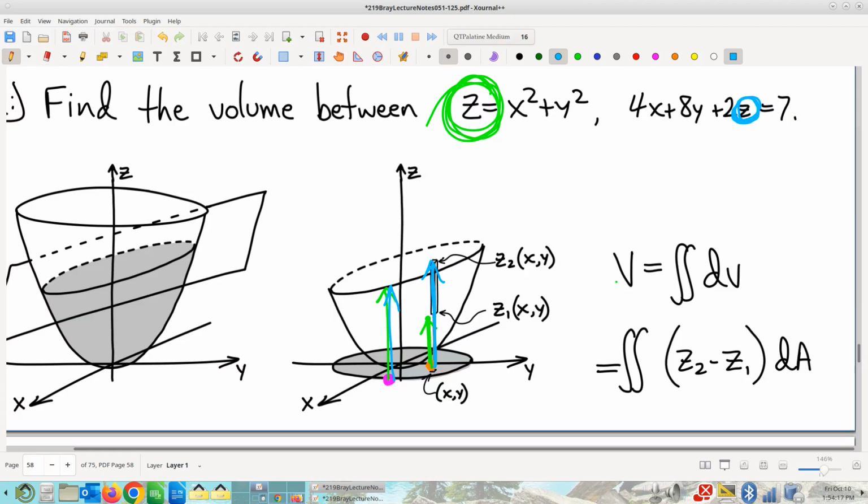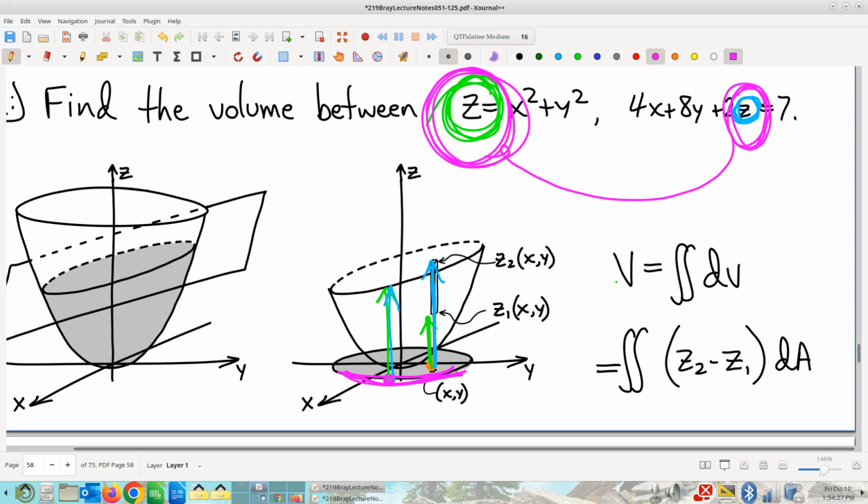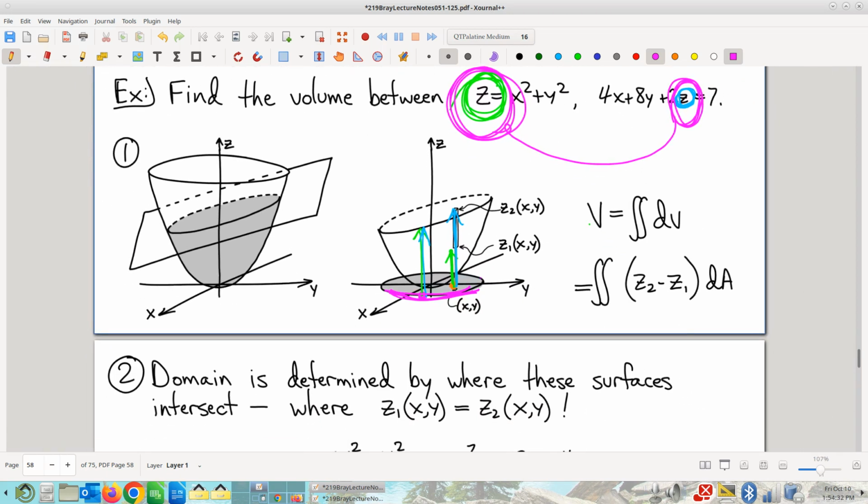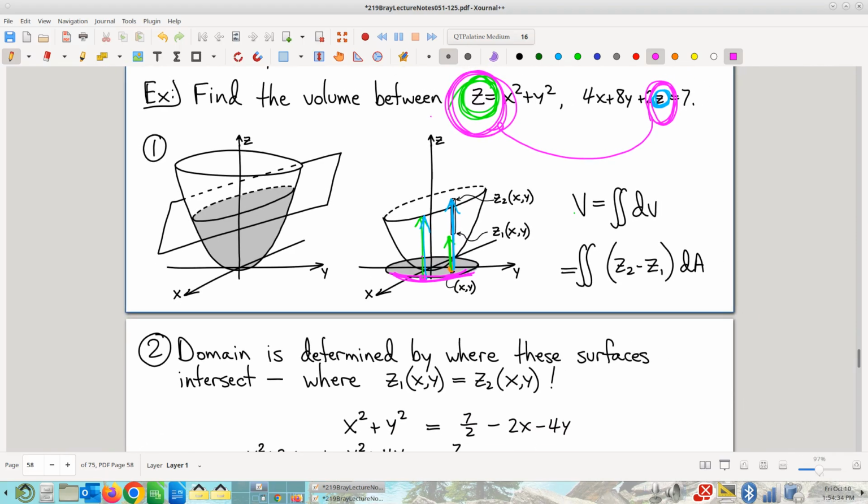So that's the answer then. What we're going to do, we're going to identify where the edge of our domain is by just insisting that z and this z must be the same, and that gives us the following equation, insisting that the two z's be equal, gives us this right here.